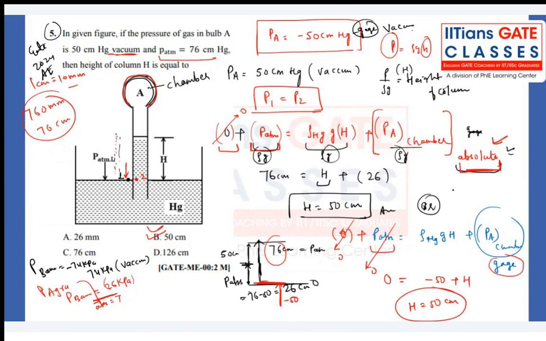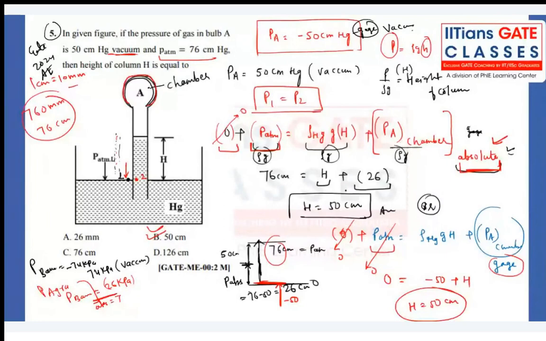The pressure value in a particular chamber, they have given as minus 50 centimeter of mercury. Either you can write it just like that, as I told you minus 74 kilopascal for Bangalore, or in a positive sense you can think of it as 26 kilopascal. Getting my point? Why are we writing 26? Because absolute pressure cannot be negative.